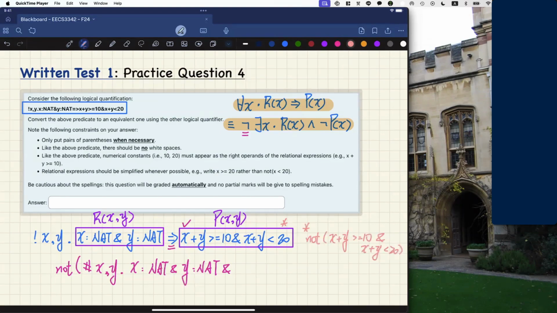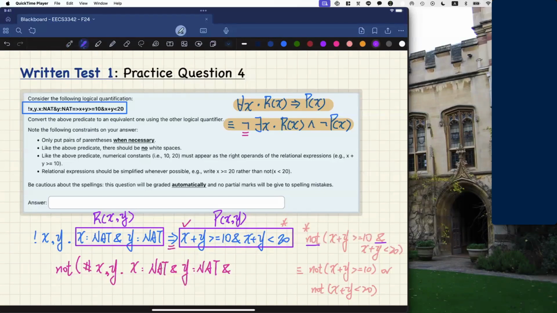It's like De Morgan's law, which we also spoke about in the lecture: not (P and Q) is going to be not P or not Q. So it's going to be not x plus y larger than or equal to 10, or not the case that x plus y is less than 20. And then it's a very basic relational property that when you say not the case that larger than or equal to, it should be equivalent to less than. Okay.